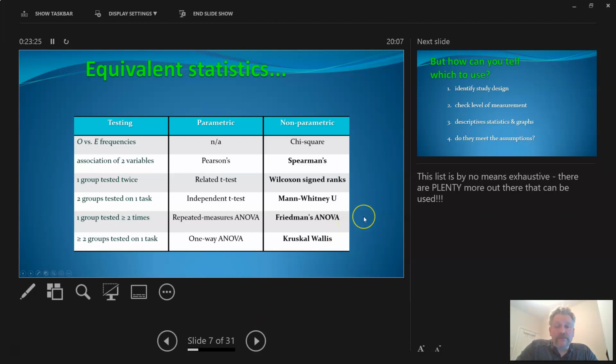Now, as I said, it's by no means an exhaustive list. There are plenty more non-parametric tests out there. Certainly, if you begin to read statistical journals, you'll find that there are many tests that aren't even widely known about or accepted, but in certain cases people will use them.